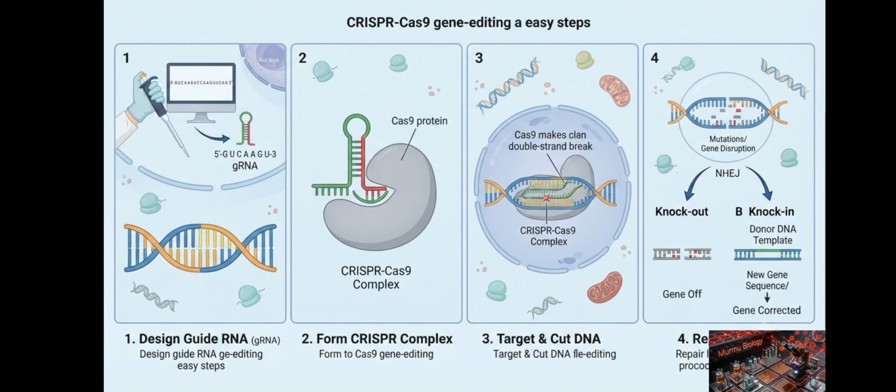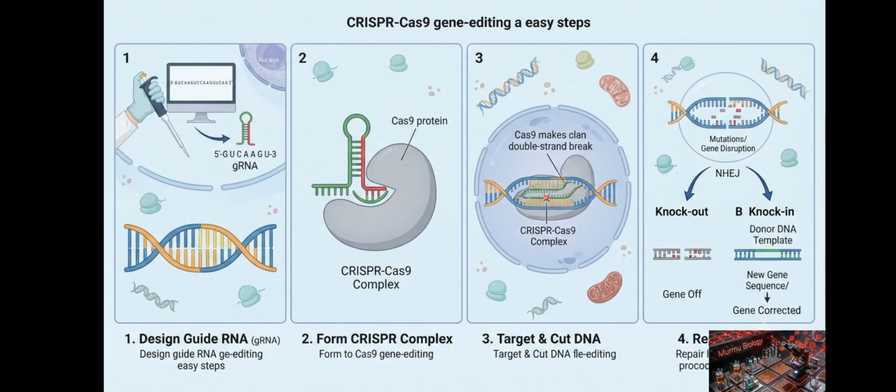This guide RNA is then associated with the Cas9 protein which originated from the bacteria. Both are combined, and this is known as the CRISPR complex. This Cas9 complex is then introduced into the host cell by various methods like gene gun, electroporation, or any other method.